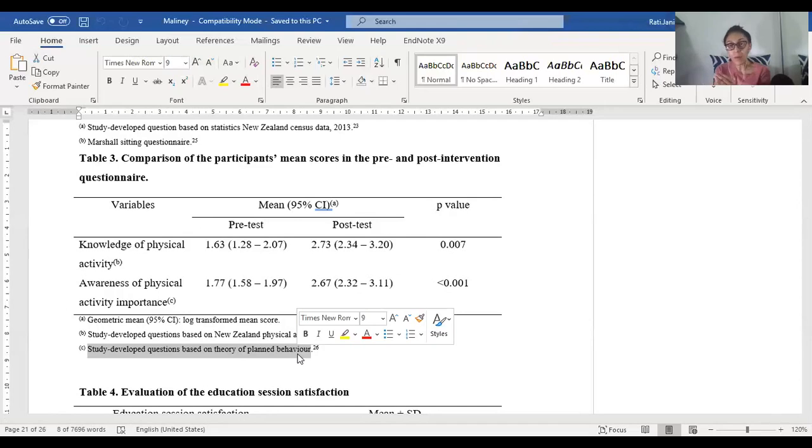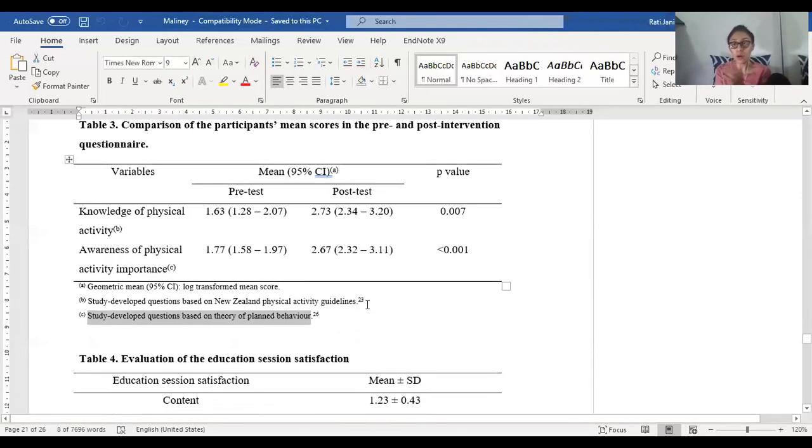They have tried developing their questionnaires in multiple formats, which is using health behavioral models, using previous literature, even if there are no validated questionnaires, to adapt their questions from. Okay, so this is how your section 2 tables will look. Okay, and section 3 tables will also look the same way.